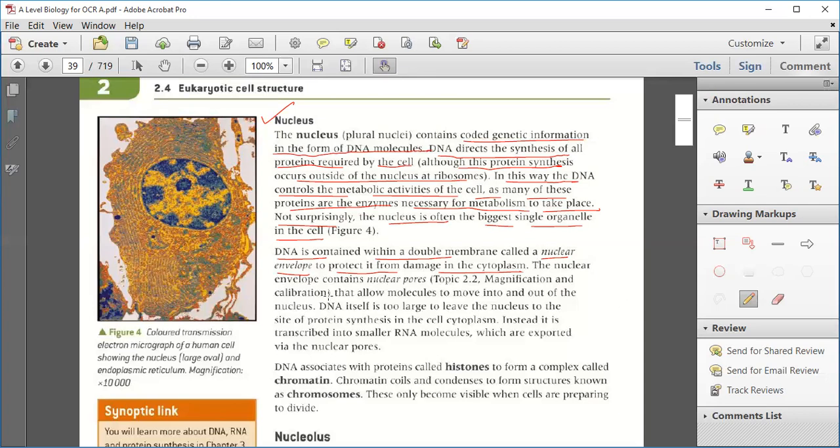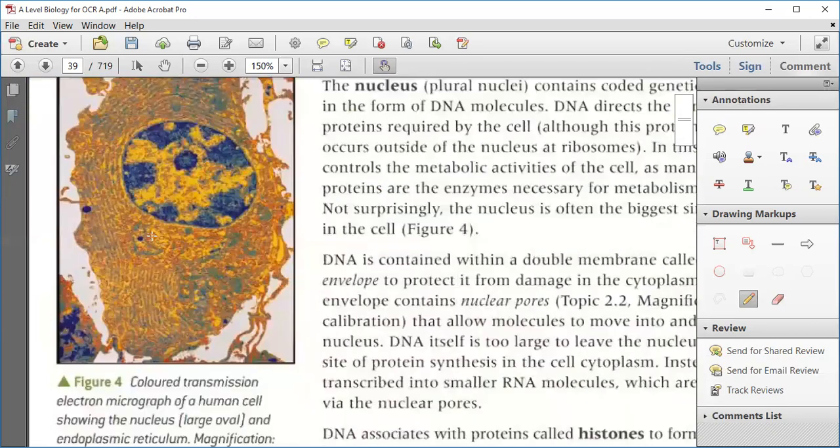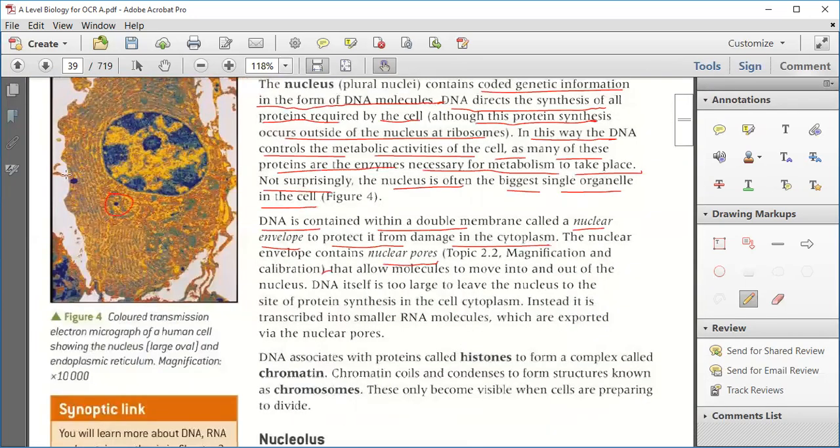The nuclear envelope contains nuclear pores, and pores means small holes. Like this you can clearly see, these are the nuclear pores.